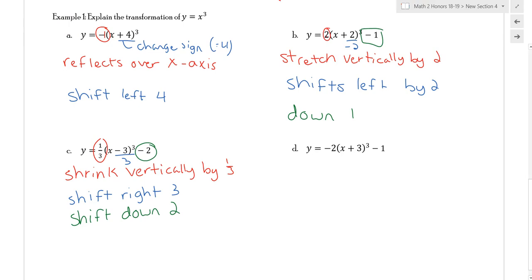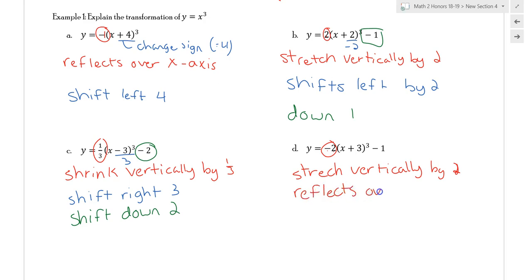And then example D, I have a negative 2 in front, so that's doing 2 things. It's stretching vertically by 2 because it has a factor of 2. Then it's also negative, so it reflects over the x-axis.